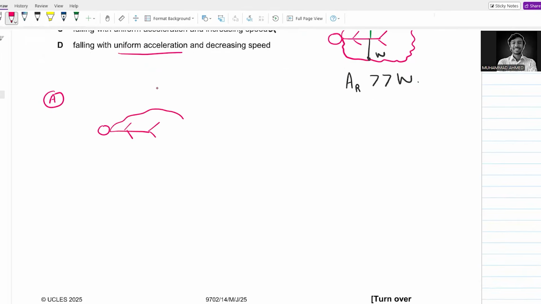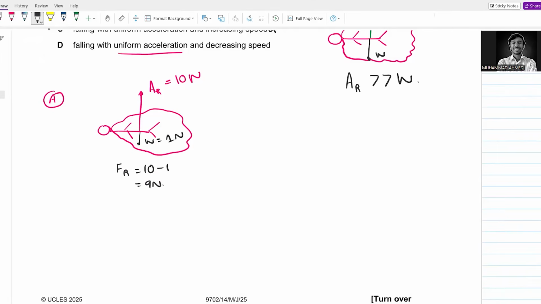Let's say this is the parachute test. Let's say currently the air resistance is 10 Newton. And let's say currently the weight is 1 Newton. बेटा कह देते हैं weight 1 Newton है, air resistance 10 Newton है. What will be the resultant force? 10 minus 1, that is 9 Newton.